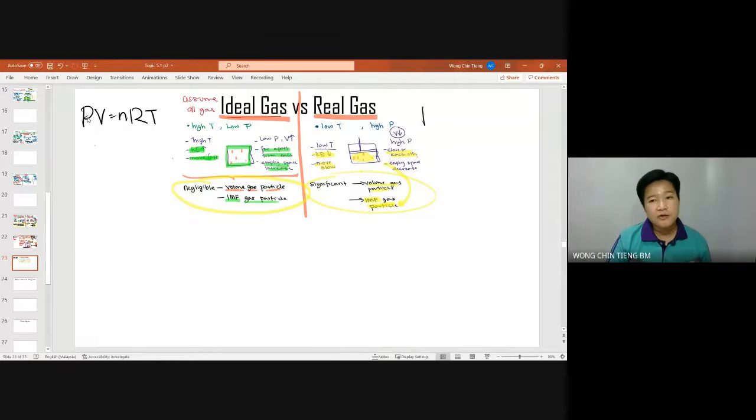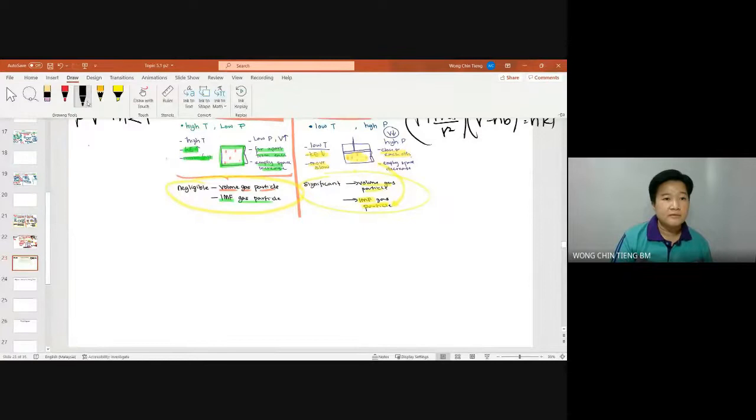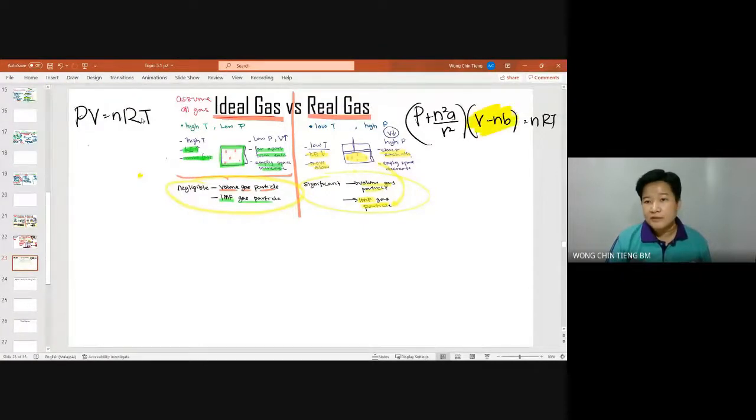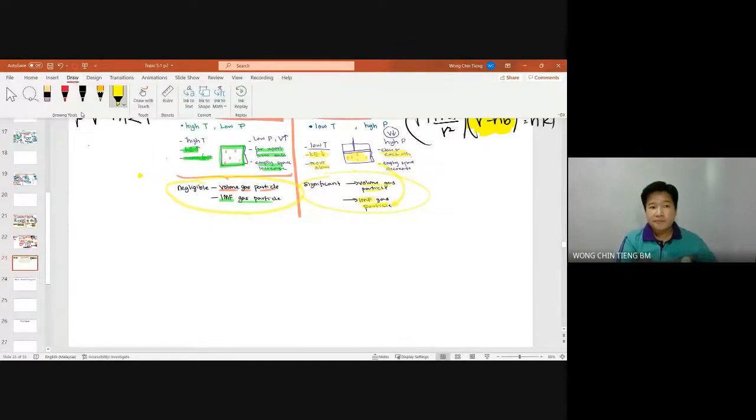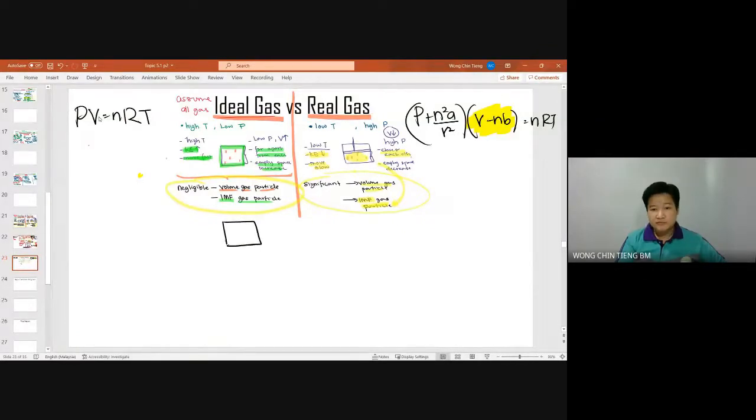I have my real (P plus n²a over V²) times (V minus nb). Yang ni kita nak tengok. Okay. This one. Anybody can tell me what is nb? Volume of the gas particles.